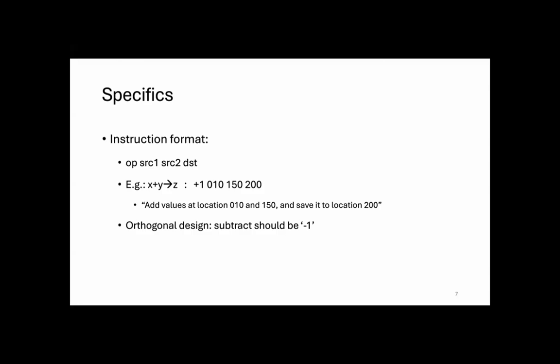The 100 is the first location, 150 is the second location, so source 1 and source 2, and at 200 we are going to save our final destination. So we achieve the orthogonality principle here by giving the subtraction operation a -1. So it's much easier to remember that +1 is for addition, and then -1 will basically represent the subtraction operation.